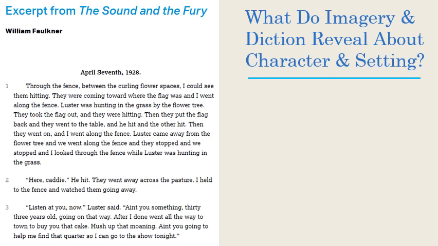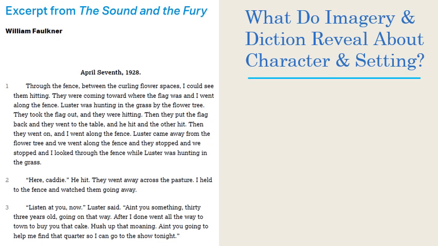April 7th, 1928. Through the fence, between the curling flower spaces, I could see them hitting. They were coming toward where the flag was, and I went along the fence. Luster was hunting in the grass by the flower tree. They took the flag out, and they were hitting. Then they put the flag back, and they went to the table, and he hit the other, and he hit, and the other hit.